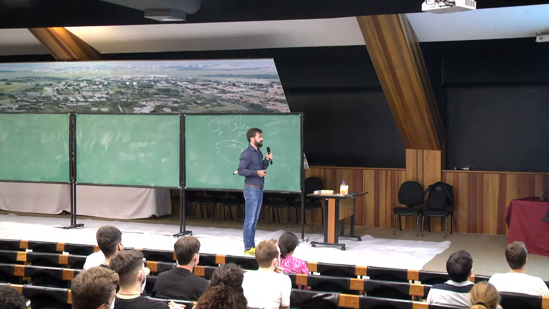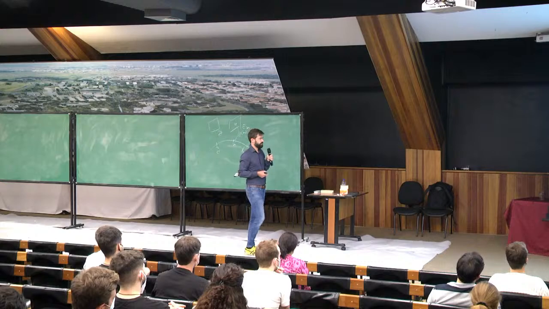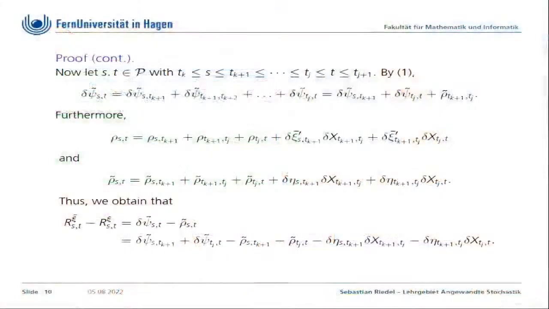Okay, so there are now some cancellations going on. Last time I was a bit puzzled about what the important cancellations are. The important cancellation when you look at the differences is this term here. When you go through the calculation, you have rho tilde st, and this includes the term rho tilde t_{k+1} t_j.